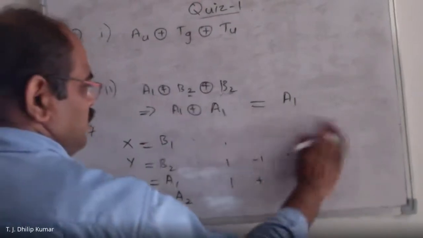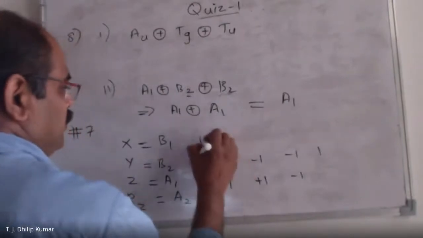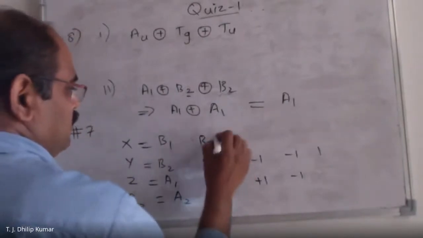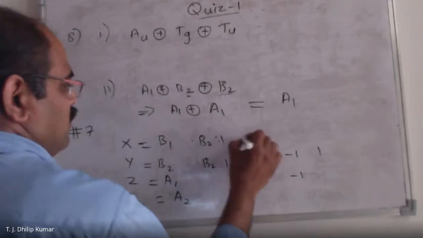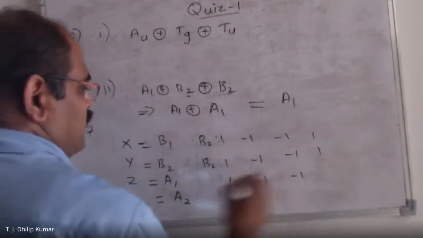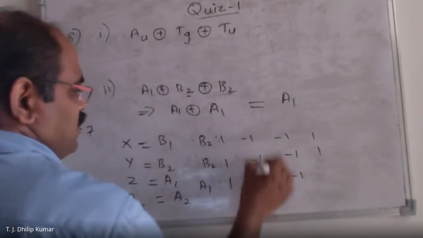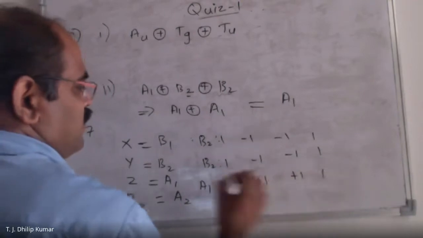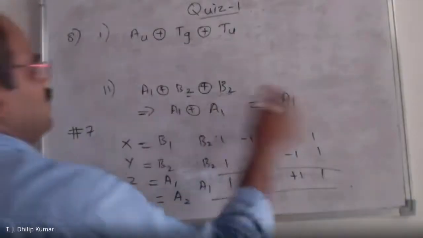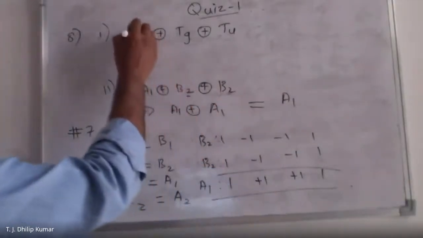I have to multiply just B2 into B2. So this is B2, B2: 1, minus 1, minus 1, 1. So it will result in A1. So like this we get it. You have to multiply the characters and then get it. So A1 and A1 will always give A1. Similarly, you have to try the next one.